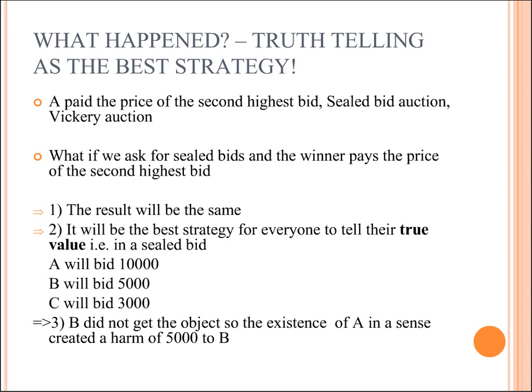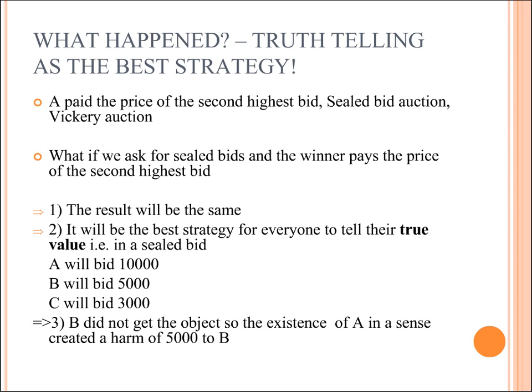Now imagine A, B, and C put their valuations, 10,000, 5,000, and 3,000, in sealed envelopes. Somebody will then open these envelopes up. You will notice that A was the highest bidder with 10,000, but he will pay the price of the second highest bid.